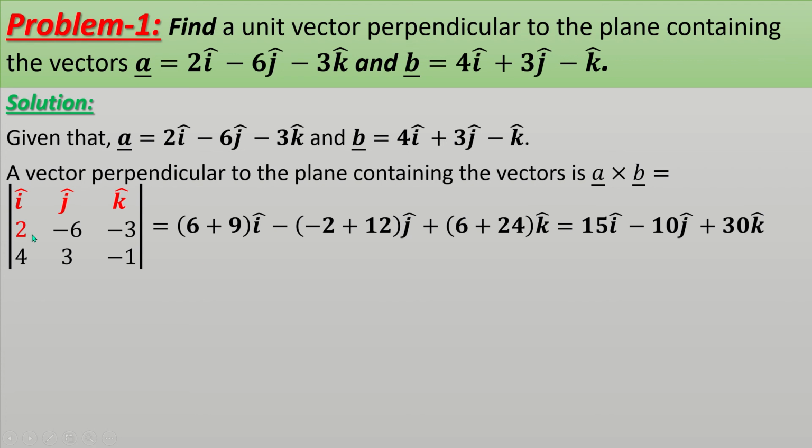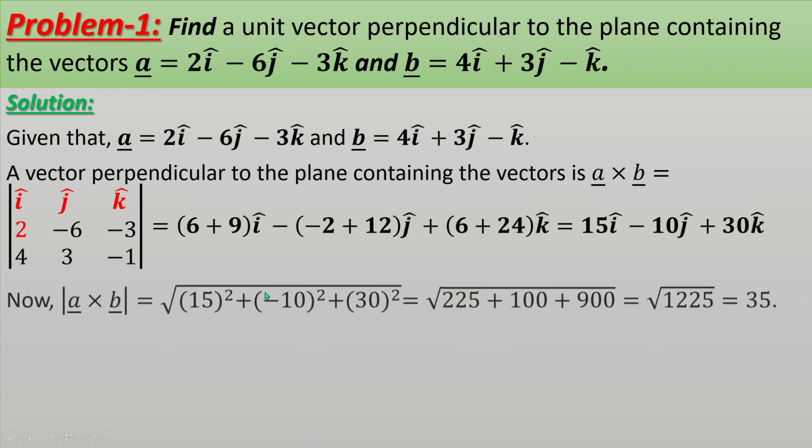Minus j, so first we take minus 1 into 2 minus 2, and 4 into minus 3 will be minus 12, and thus minus, which is used for the formula, so minus and minus will be plus. Similarly here 6 minus minus plus 24 k vector, this equals this.